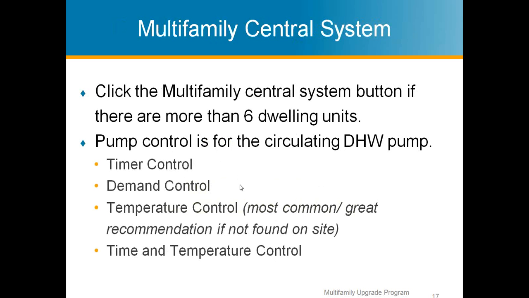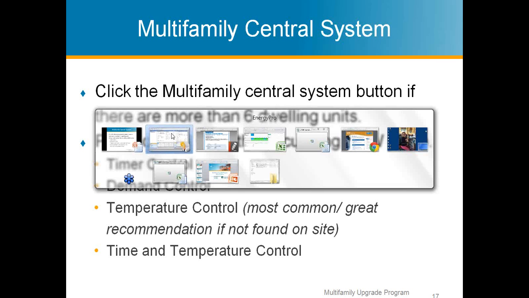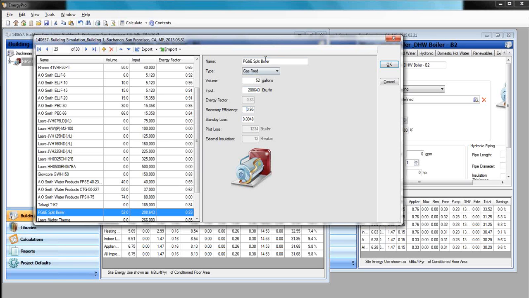So we're going back into multifamily central systems and how to plug that into EnergyPro. I'm going back and forth in the model, but I want to show you where these things are in EnergyPro as well as follow along in the slide. So in EnergyPro, you plug in your system.